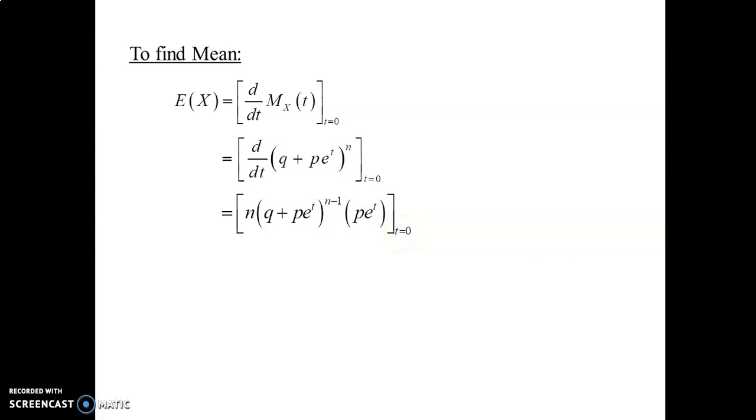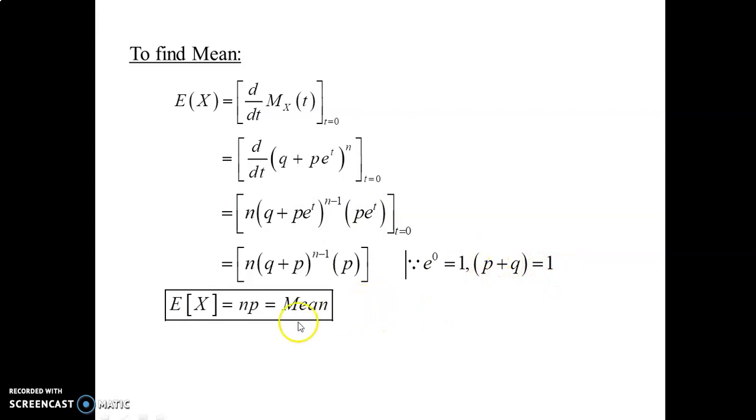Now put t = 0: n into (p + q)^(n-1) into p, since e^0 is 1. Since p + q = 1, the total probability, E(X) = np, that is the mean value.